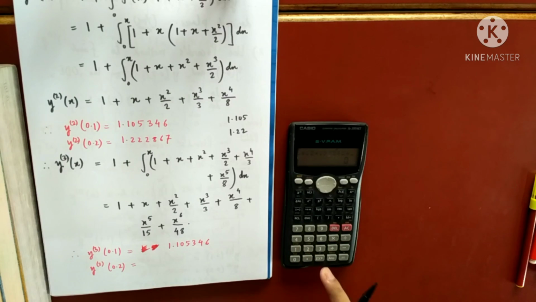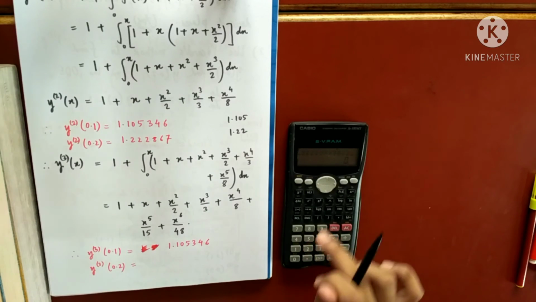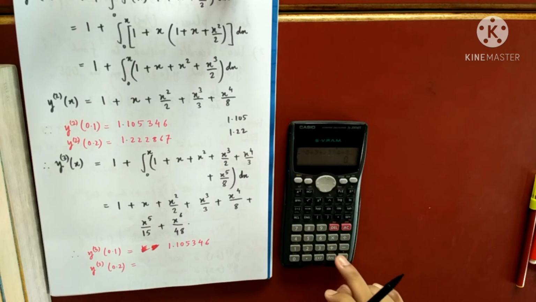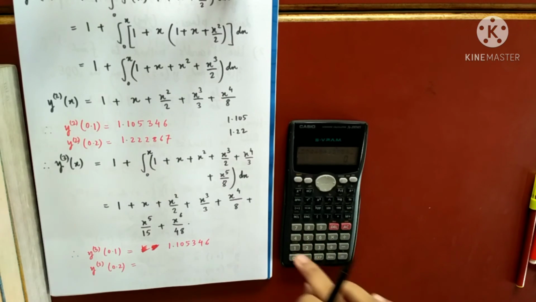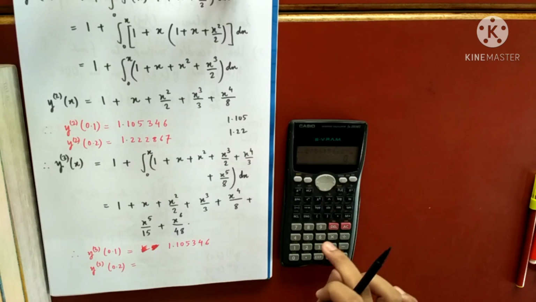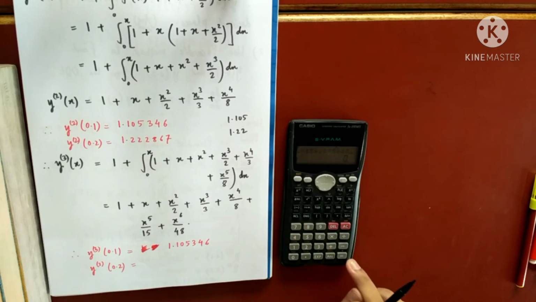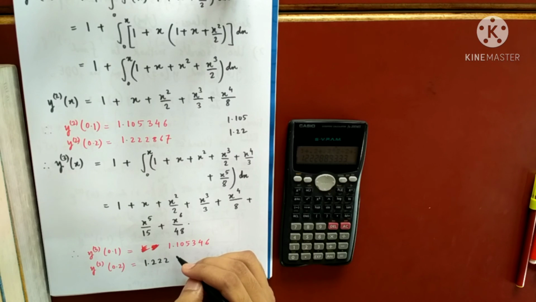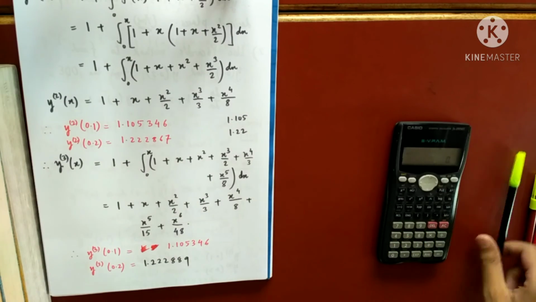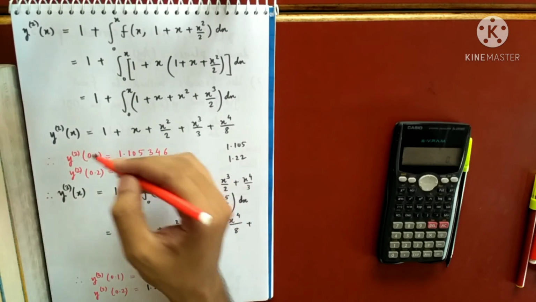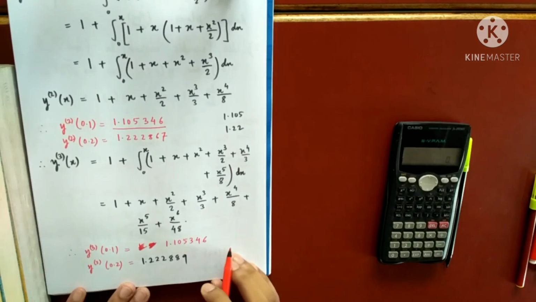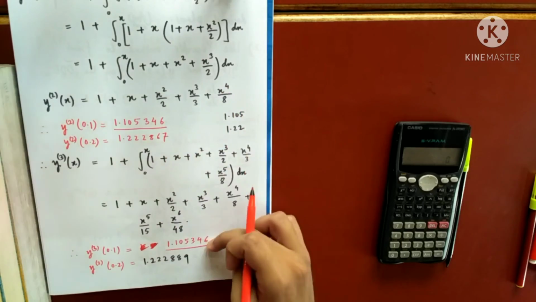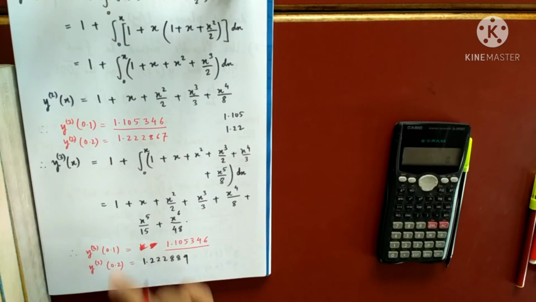So 1 plus 0.2 plus 0.2 square by 2 plus 0.2 cube by 3 plus 0.2 to the power 4 by 8 plus 0.2 to the power 5 by 15 plus 0.2 to the power 6 by 48. I am getting 1.222.